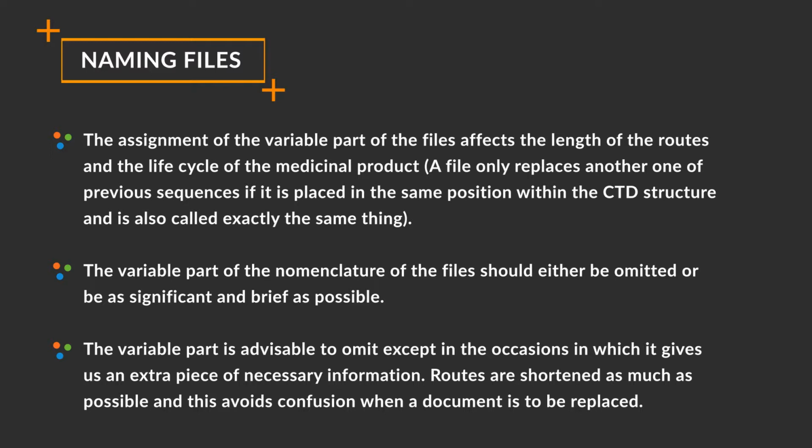The variable part of the nomenclature of the files should either be omitted or be as significant and brief as possible. The variable part is advisable to omit except in the occasions in which it gives us an extra piece of necessary information. Roots are shortened as much as possible, and this avoids confusion when a document is to be replaced.